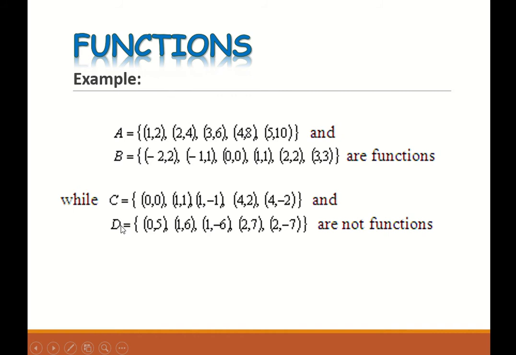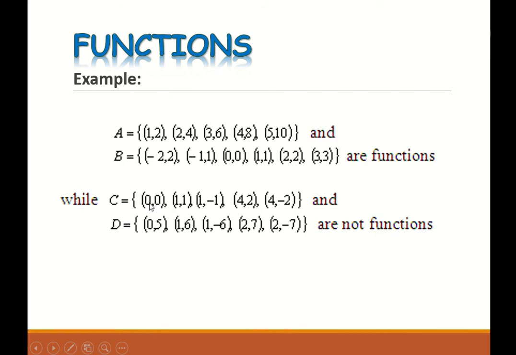While C and D, if you examine them individually, we have 0 corresponds to 0, 1 corresponds to 1, and we have 1 corresponds to negative 1, 4 corresponds to 2, 4 corresponds to negative 2. So in this ordered pair, we have 1 as the first element and 1 as the second element, but in the next ordered pair we have 1, negative 1.